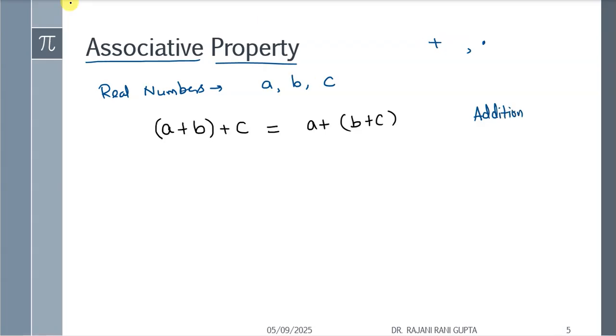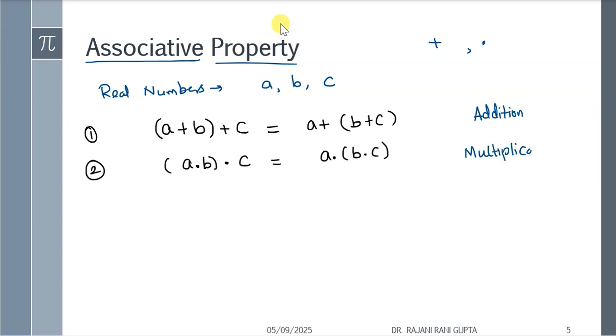The same thing holds for multiplication. If you multiply A and B first and then multiply the result with C, or you multiply B and C first and then multiply the result with A, you get the same final result. What you need to focus on is how this property is applied: you are changing the position of the bracket.